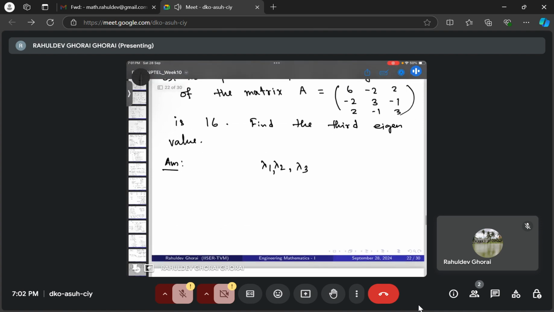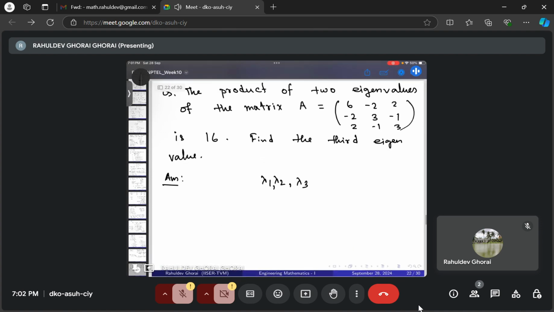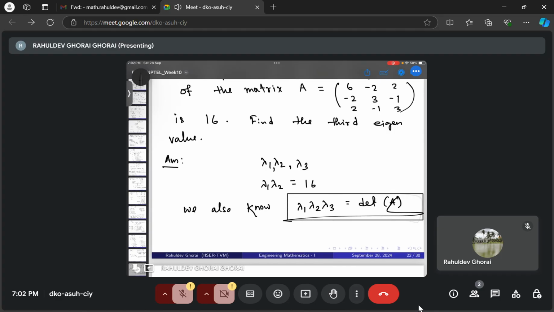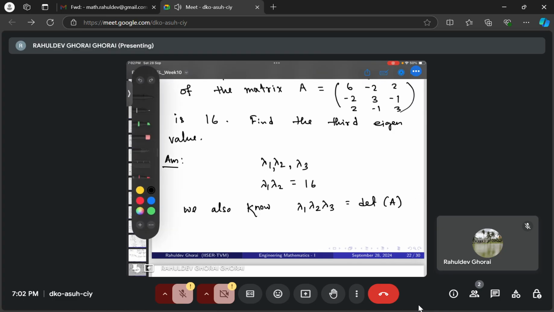What is given? The product of two eigenvalues, lambda 1 lambda 2, is equal to 16. And we also know lambda 1 lambda 2 lambda 3 is equal to the determinant of this matrix. That is the hint of this question.